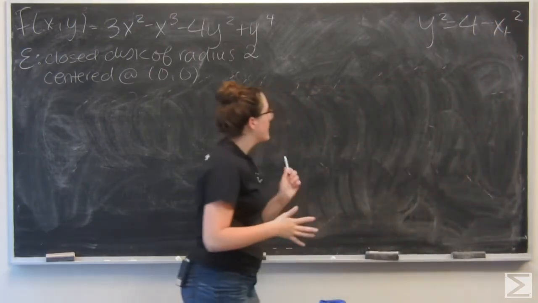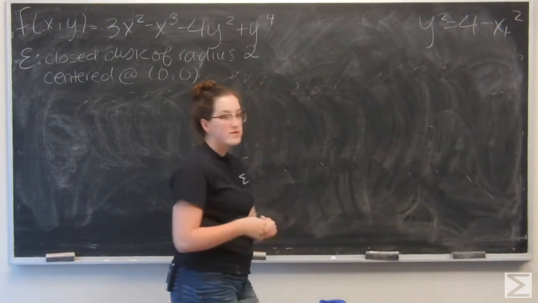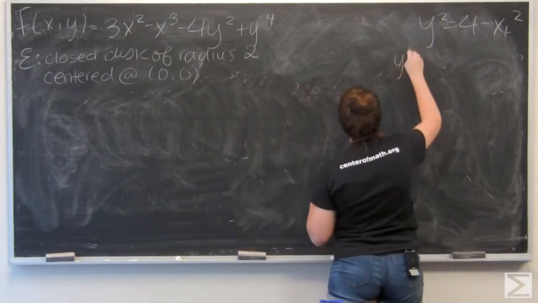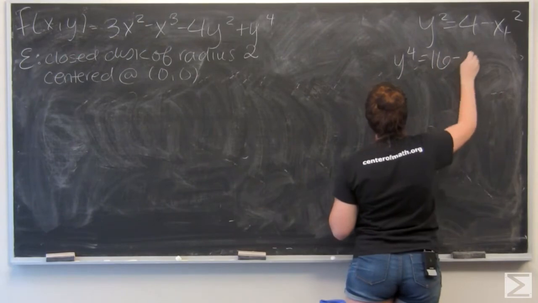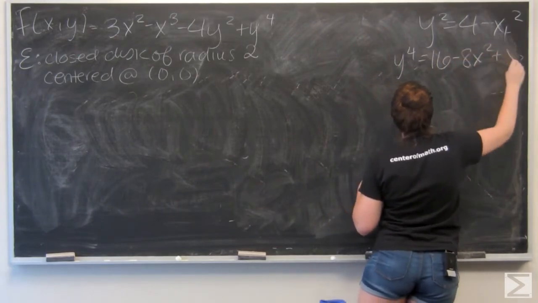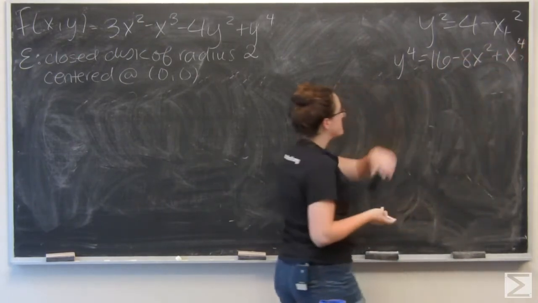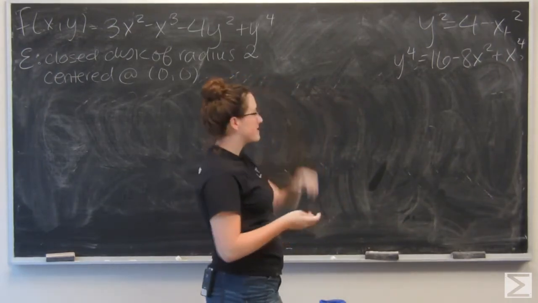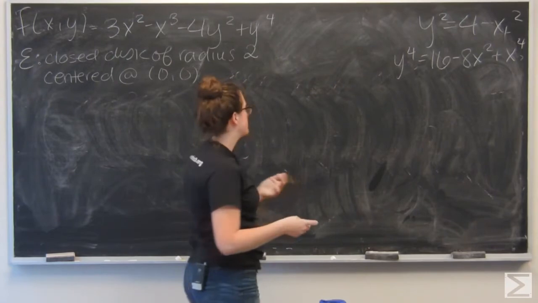So I can go ahead and plug that into f for y squared, and then for y to the fourth, I'm just going to square that quantity. So 16 minus 8x squared plus x to the fourth. Let's go ahead and plug those into f of x, y. I'm going to call my new function g of x.